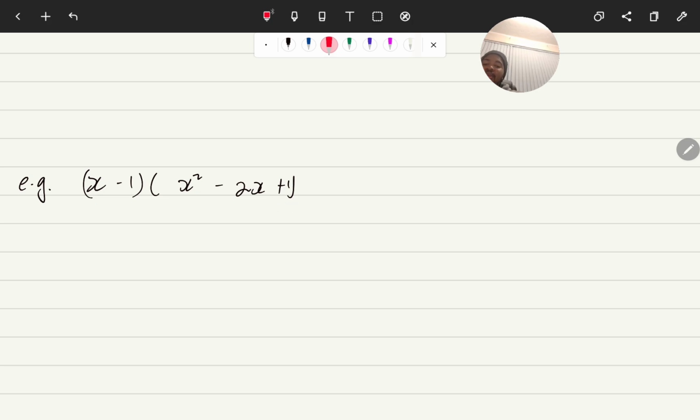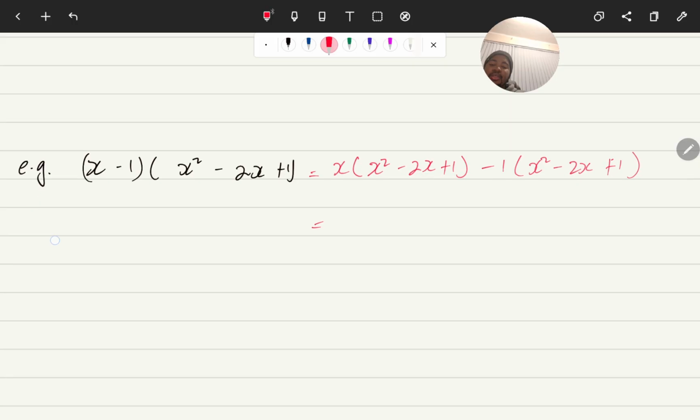Right, so let's make an example with this number right here. So with this number, when you're multiplying these two, you can say you have x into x squared minus 2x plus 1, and then you have minus 1 into x squared minus 2x plus 1, right? Close the bracket.